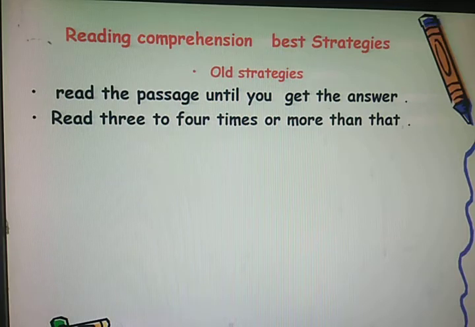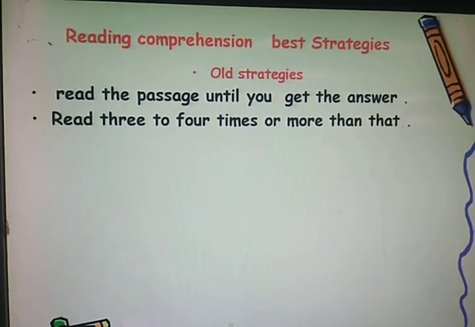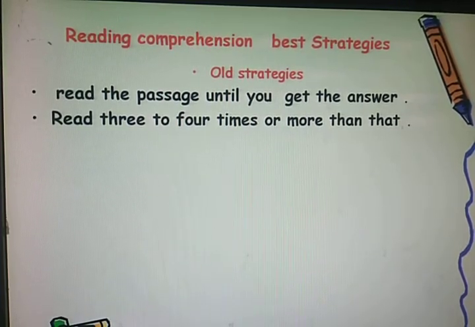Read 3 to 4 times or more to understand what the writer wanted to say. This is the old strategy. Still people follow it. I would suggest all the new learners, the beginners, to follow this strategy. Read the same passage more and more, twice, thrice, until your answer is clear. You keep on reading.